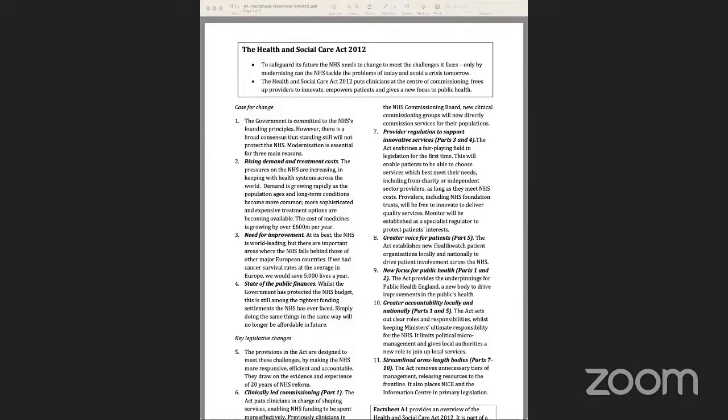So this takes into account physical, mental, and emotional needs, as well as the social and economic circumstances of the individuals requiring those needs.